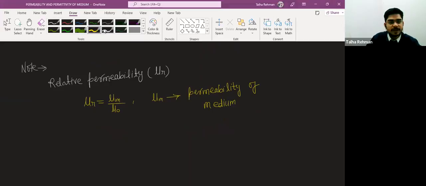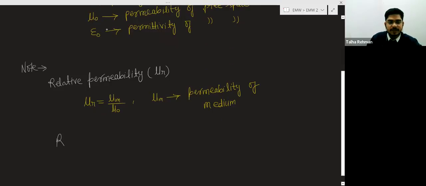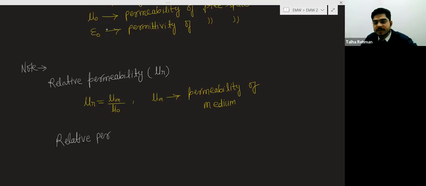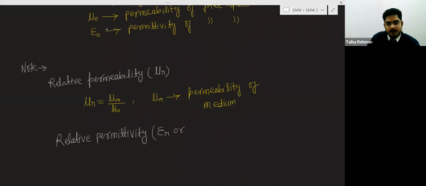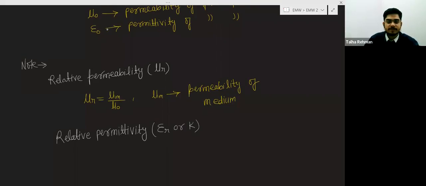There is a term relative permittivity. In electrostatics you have studied relative permittivity, and this relative permittivity is also known as the dielectric constant. Basically this relative permittivity is represented by epsilon r or dielectric constant k.